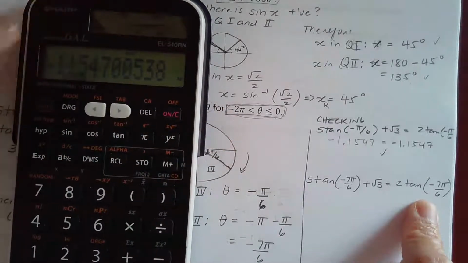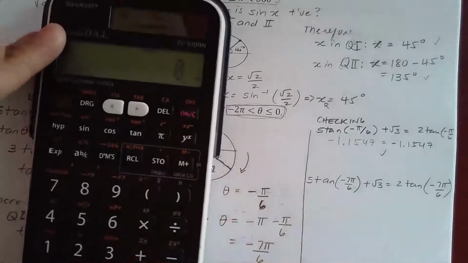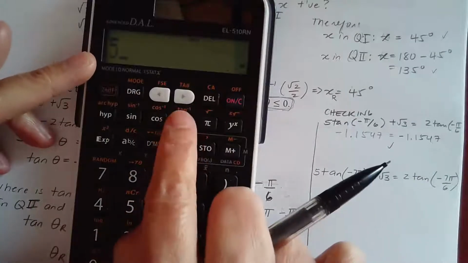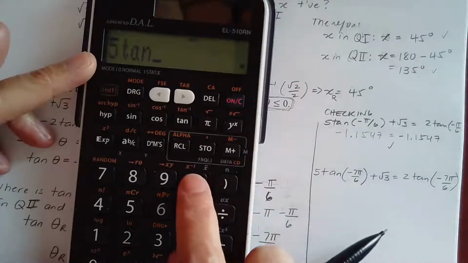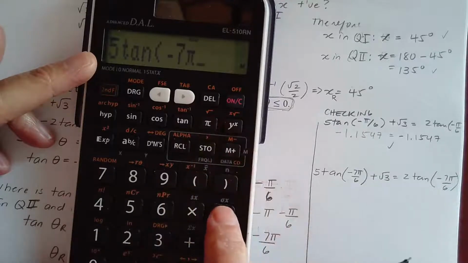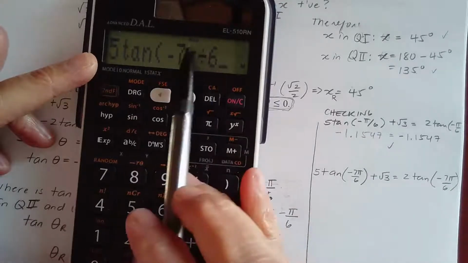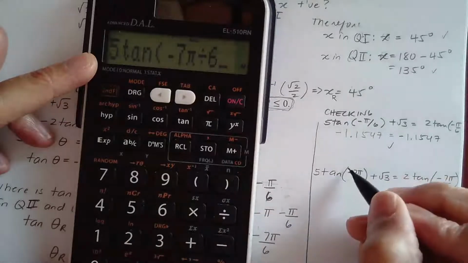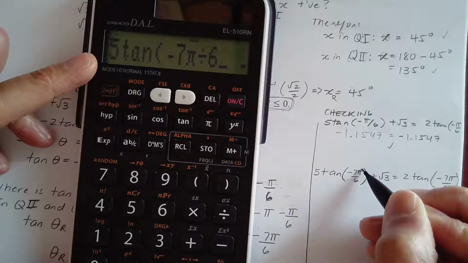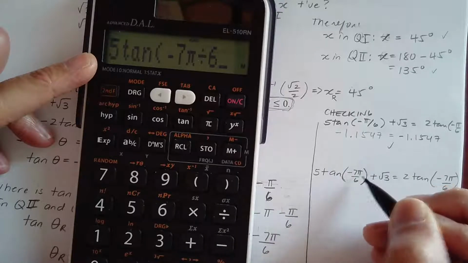To see if our answer is correct, the left side should equal the right side. So let's do that. 5 times tangent of negative 7 pi divided by 6. I have to use the brackets this time because I have to take the tangent of all of this.